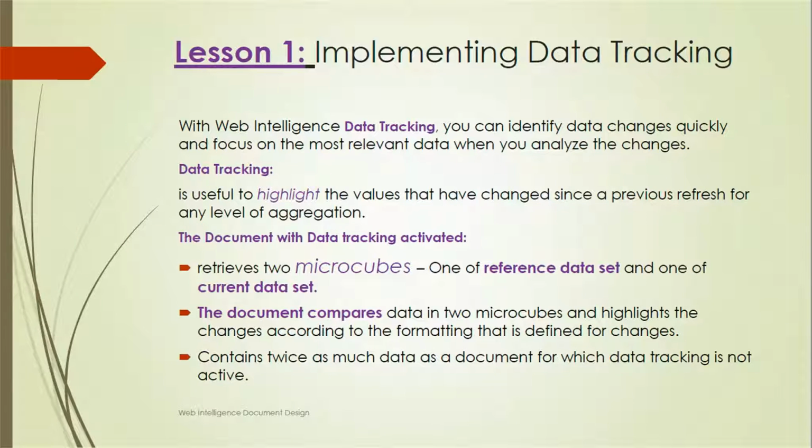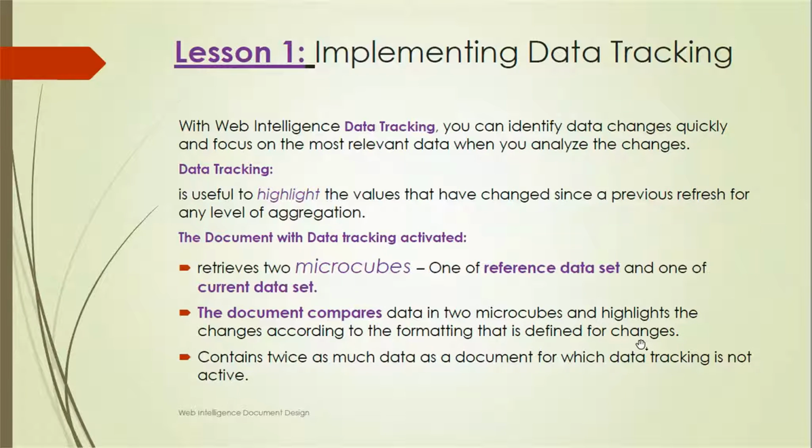In that case we can use data tracking. The document with data tracking activated retrieves two macro cubes, one for the reference data set and one for the current data set. Whenever data tracking is activated, the reference data is held in one macro cube and the current data is held in the other. The document compares data in the two macro cubes and highlights the changes according to the formatting that is defined for the changes.